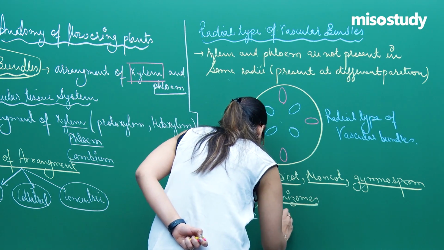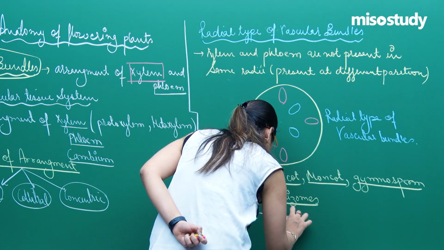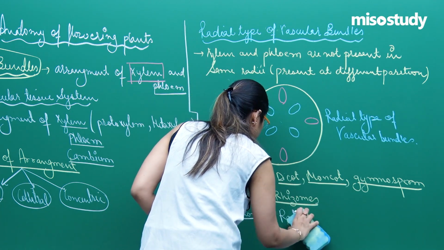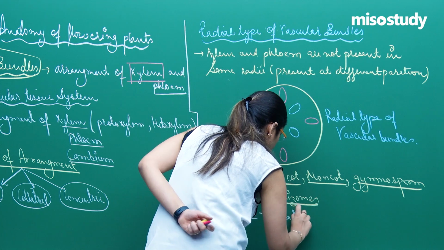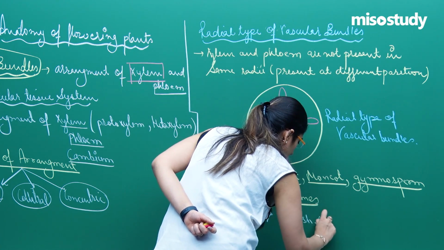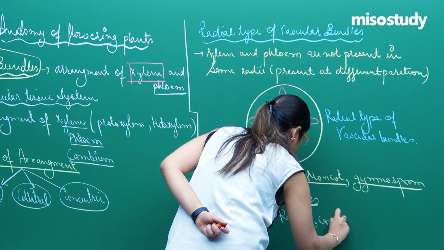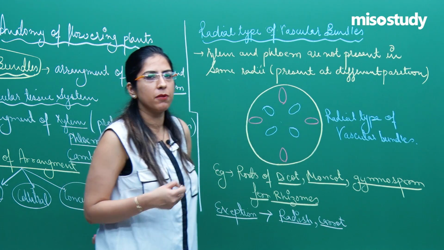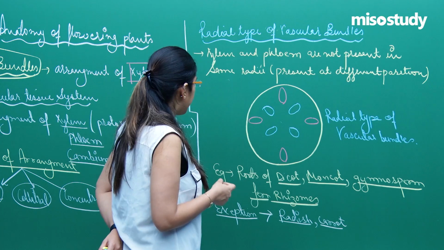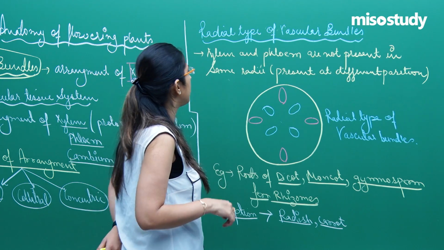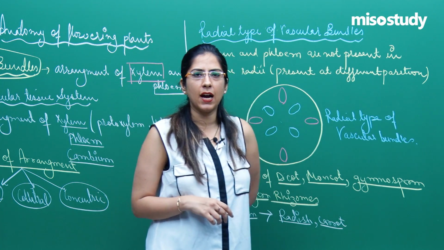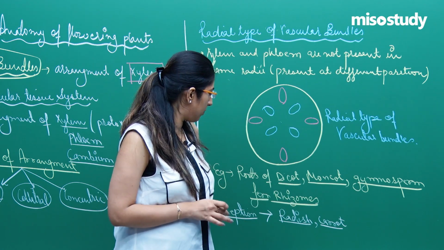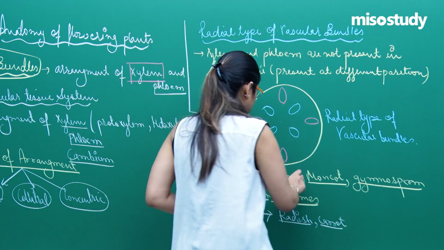Exceptions such as radish and carrot, in these the collateral type of arrangement can be seen. So this is the first type, that means xylem and phloem are not present in the same radii, they are present at different positions. The examples are the roots of dicot, monocot, gymnosperm, and fern rhizomes.